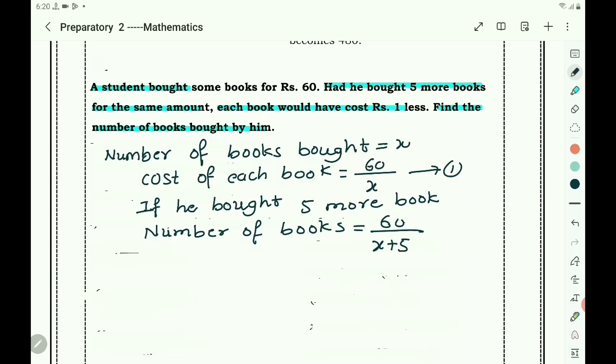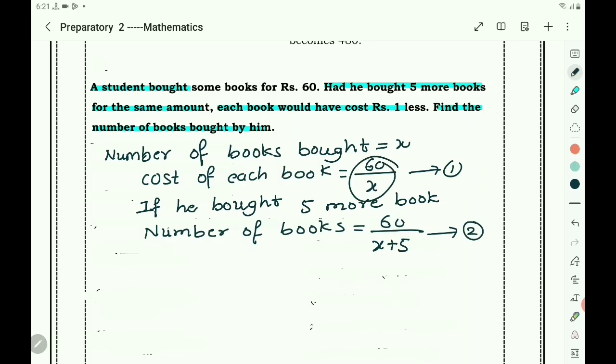As the number of books increases, the cost of books decreases. How much does it decrease? It decreases by 1 rupee. So, in this case, the cost of the book is 1 rupee less. Consider this as the second one.